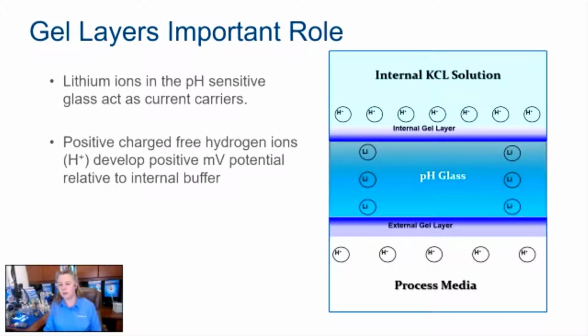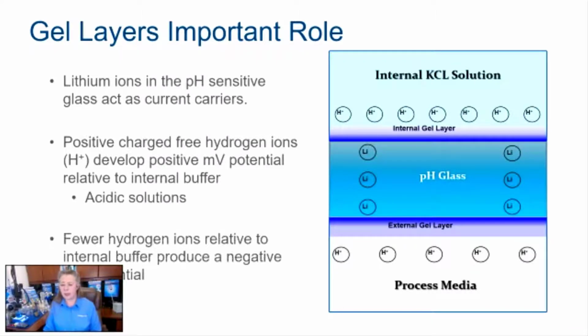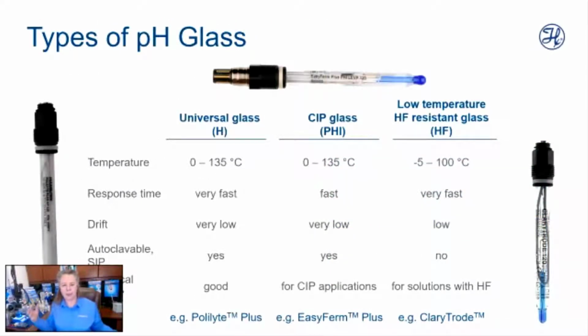Positive charges develop a positive millivolt signal, and that's acidic. And then if you happen to have a negative millivolt potential, that's an alkaline solution. Pretty easy to say, might take you a little bit to wrap your head around, but this is how all pH probes basically work.